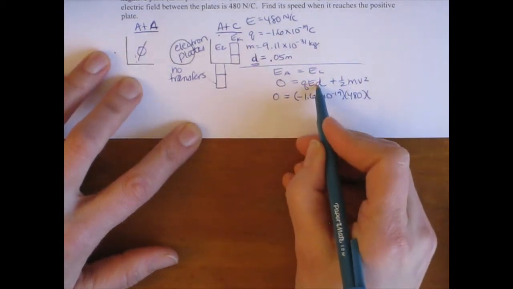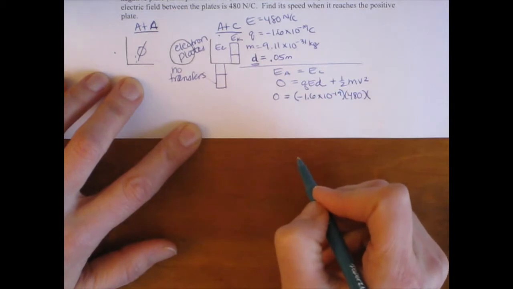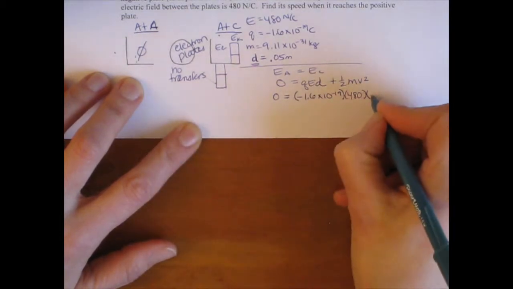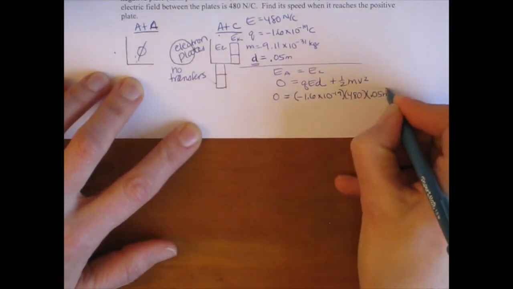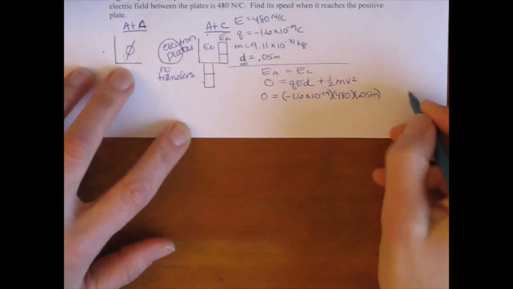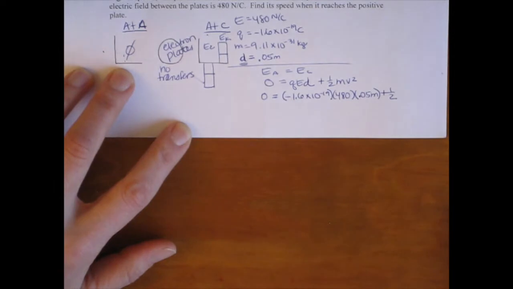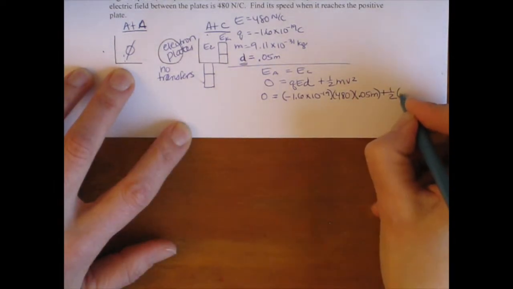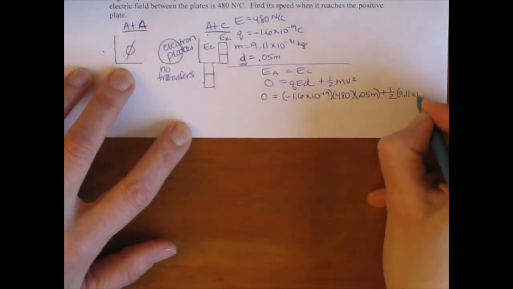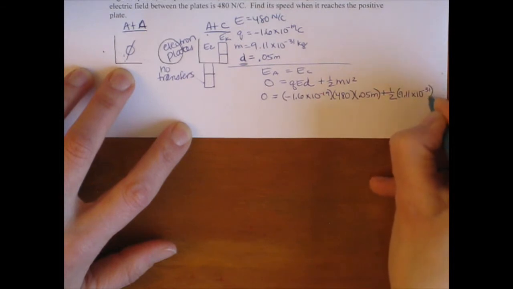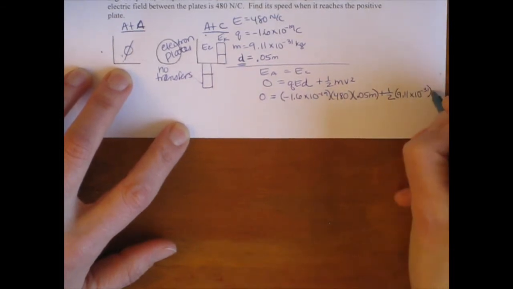And this would be the position at C, which is at the positive plate, so that is 0.05. So always be sure you think that through. Plus 1/2 times the mass, which is 9.11 times 10 to the negative 31 kilograms, times v squared.